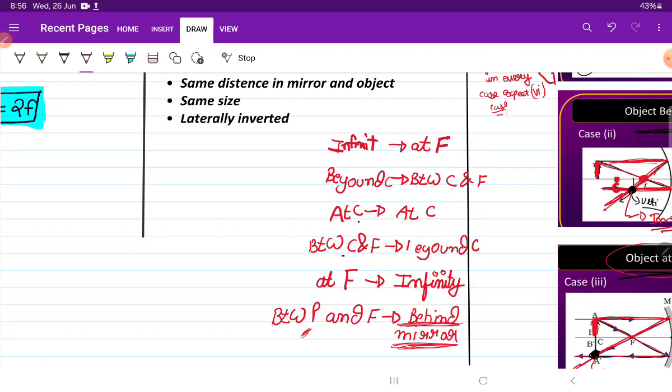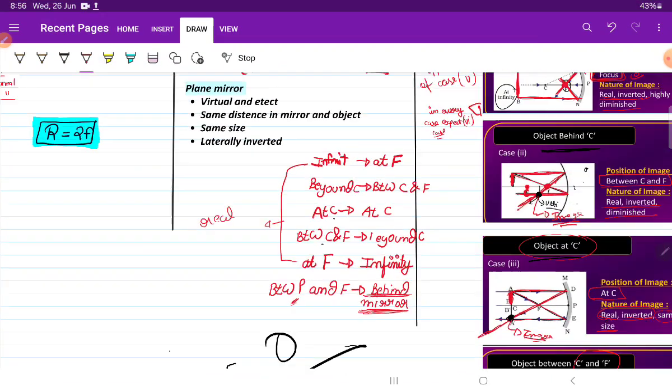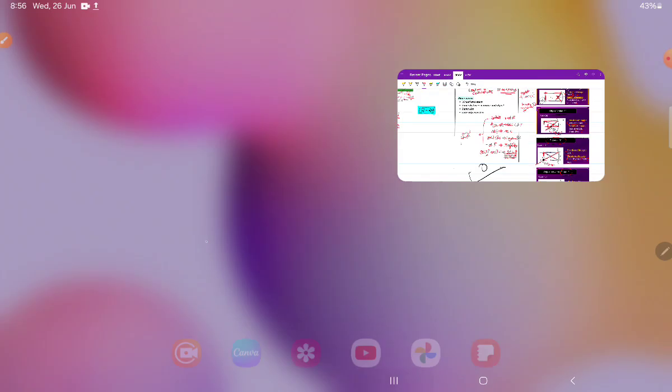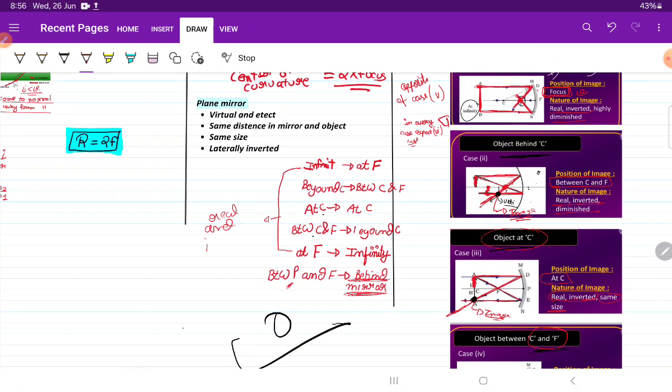and in the first five cases, the image will be real and inverted.